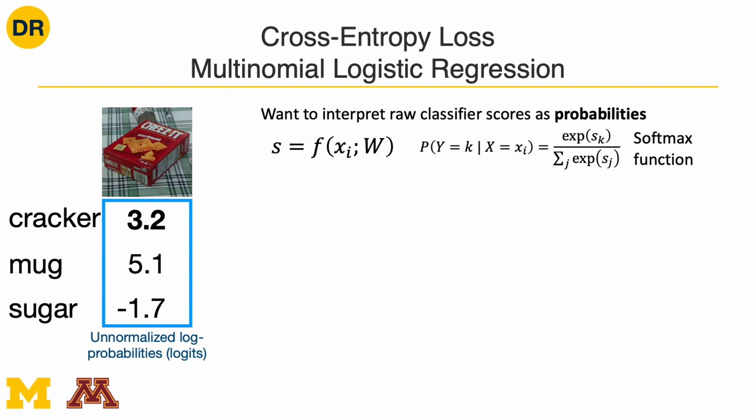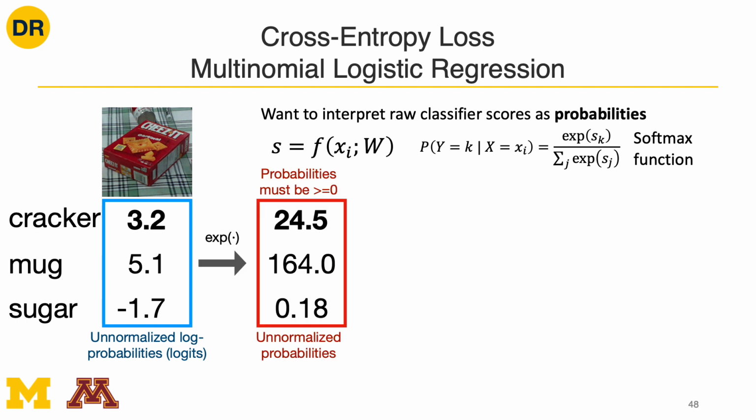The first step to generate the probabilities that we want to use to interpret the output is to take the exp function of each of these values. At this point, what we have are unnormalized probabilities. What this exp function is doing is ensuring that all the score values are no longer negative, so we can start to treat them as unnormalized probabilities.